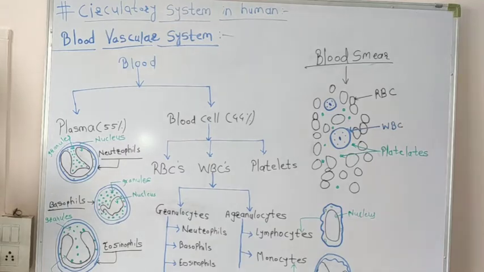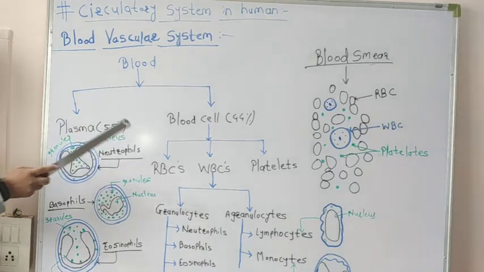When the RBC lifespan ends, that means when 120 days are over, the RBC gets destroyed. But where? In the spleen and the liver.